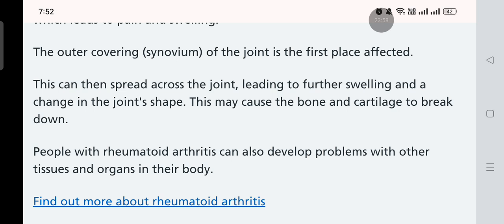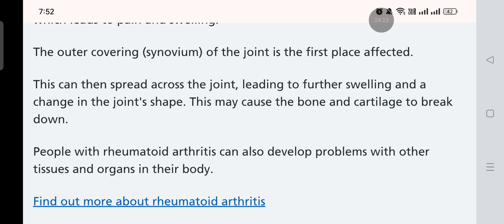This can then spread across the joint, leading to further swelling and a change in the joint's shape.